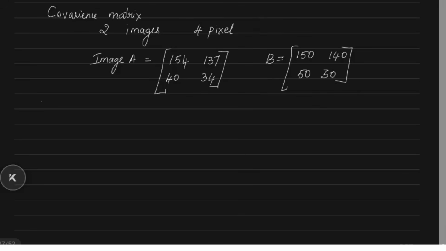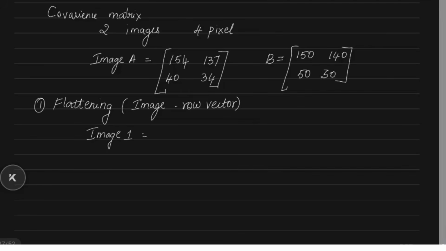The very first step is called flattening. In flattening, each image becomes a row vector. Keep in mind, flattening means you bring each image into a row vector. For our problem, we have just taken two images. Image 1, if you flatten it, becomes this row.